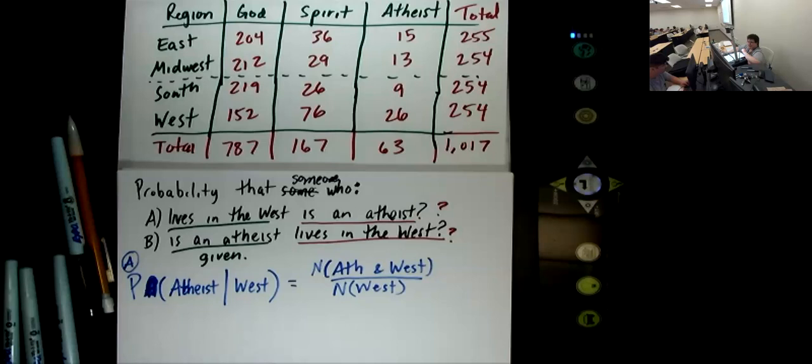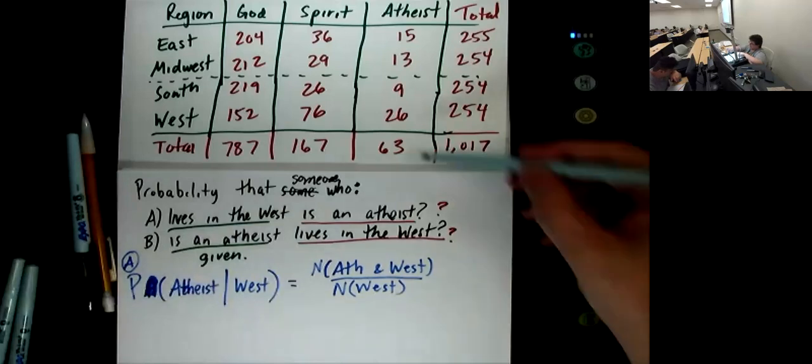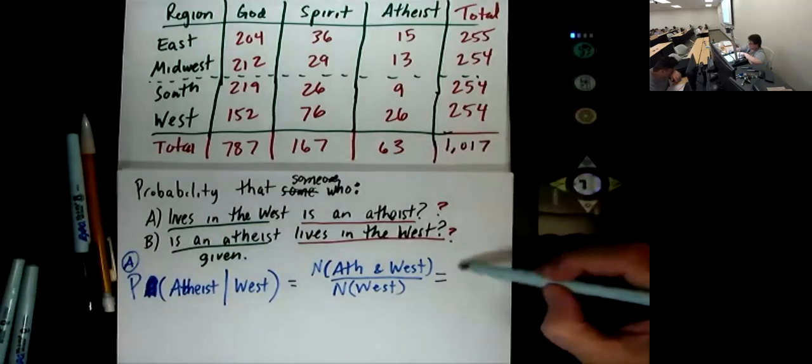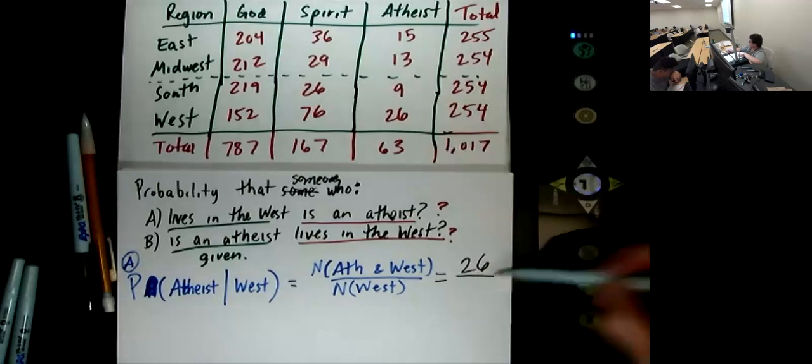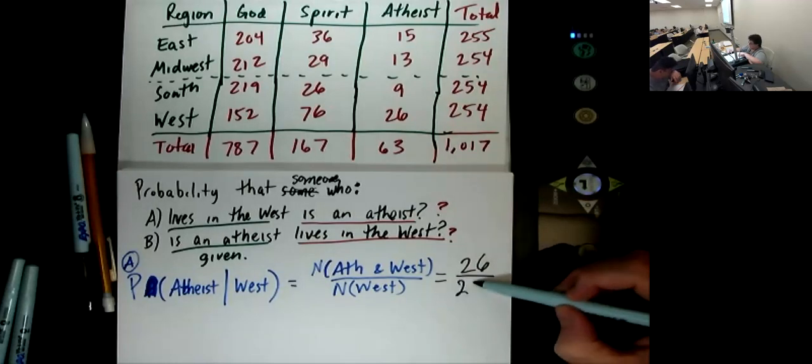Looking at the table, can anyone tell me the number of people that are both atheists and live in the West? It's 26, right? What about the number of people that live in the West? 254.